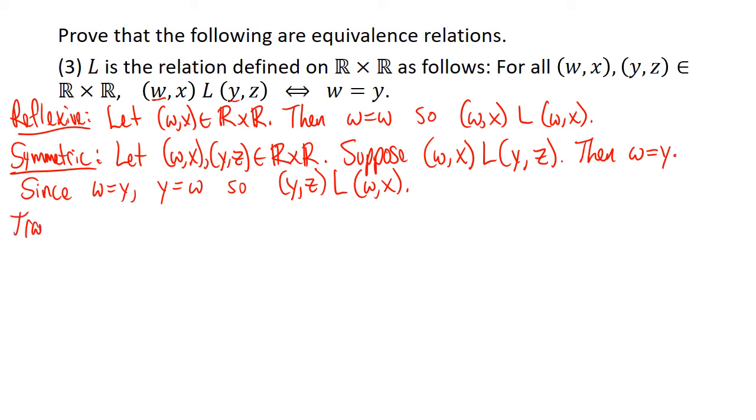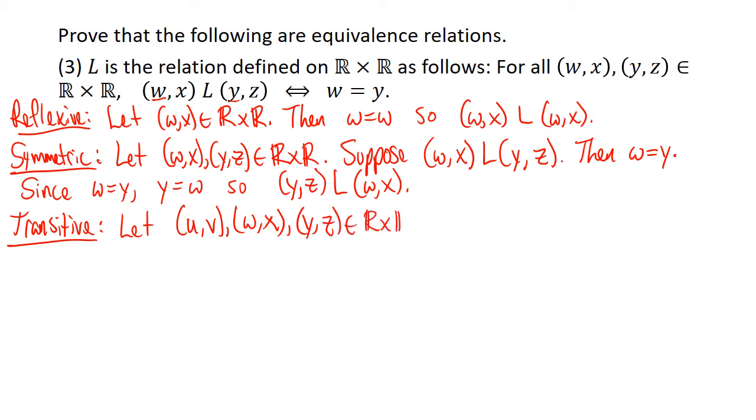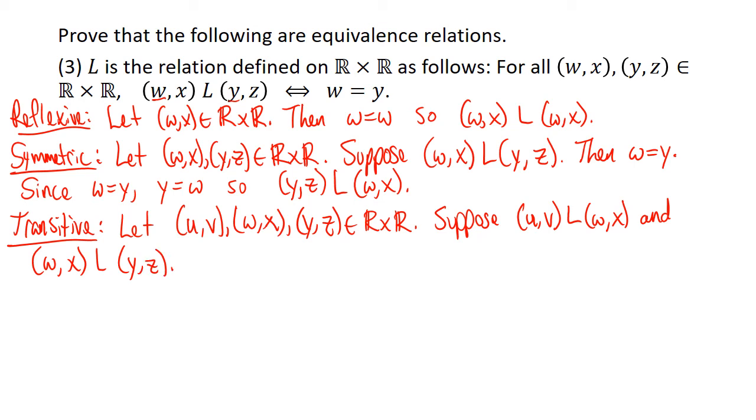And then finally, let's do the transitive. So I'm going to need three ordered pairs this time. I guess I'll start with (u, v), and then (w, x), and then (y, z), so they're all in alphabetical order. Now we're going to suppose that these are all related in a little chain. So (u, v) is related to (w, x), and (w, x) is related to (y, z).